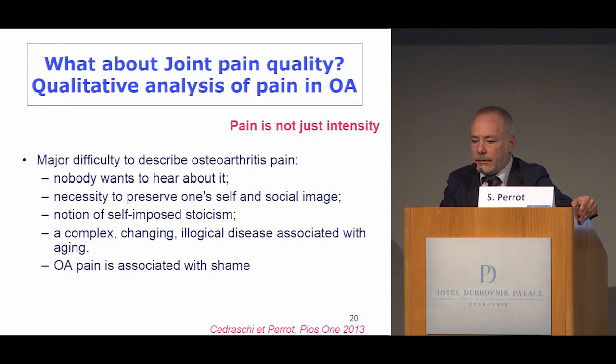And it's complex, changing, illogical, associated with aging. And to summarize, this kind of pain is also associated with the feeling of shame in many cases. So this is probably something also to consider when treating a patient with osteoarthritis pain.